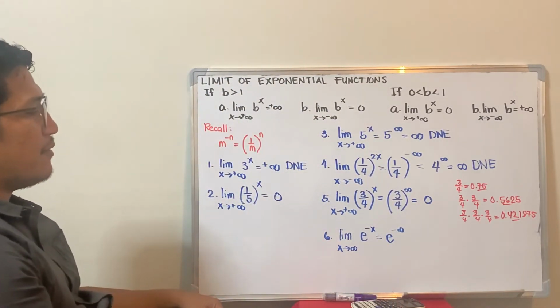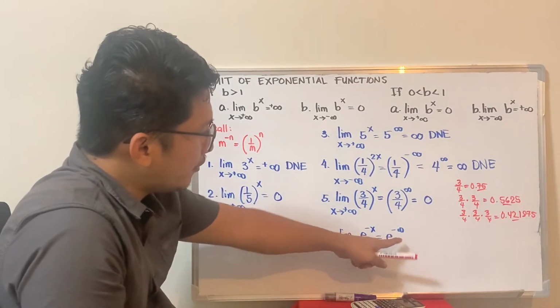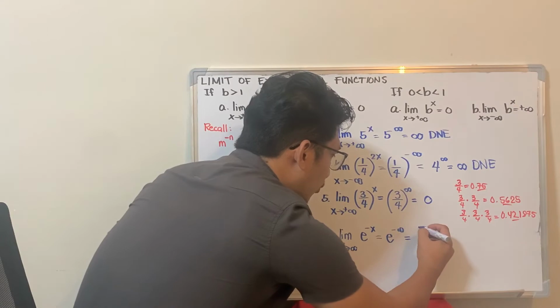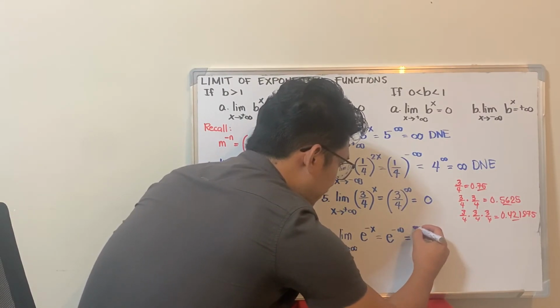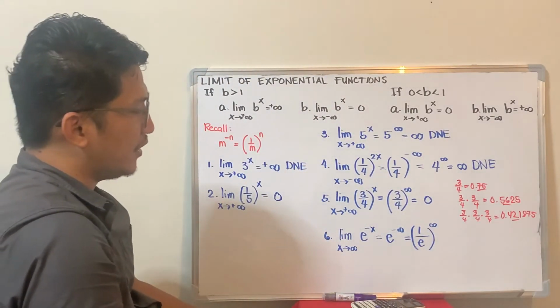And guys, remember again, when we have a negative exponent, we take the reciprocal. So it becomes 1 over e raised to the power of infinity. It is positive now.